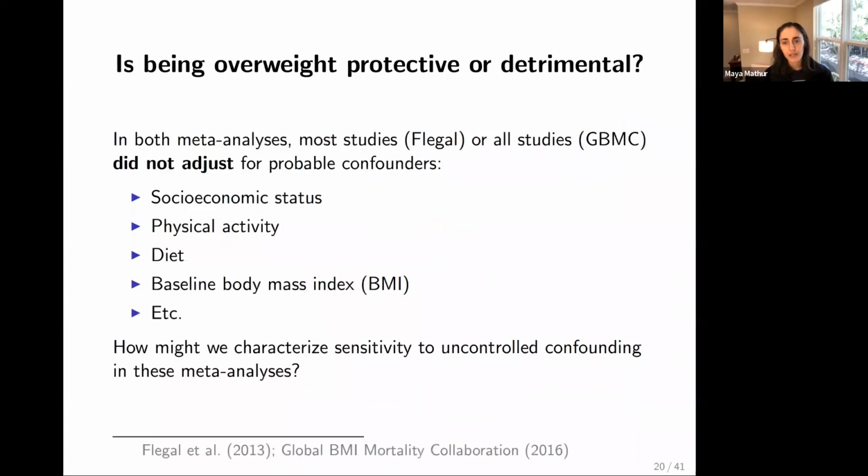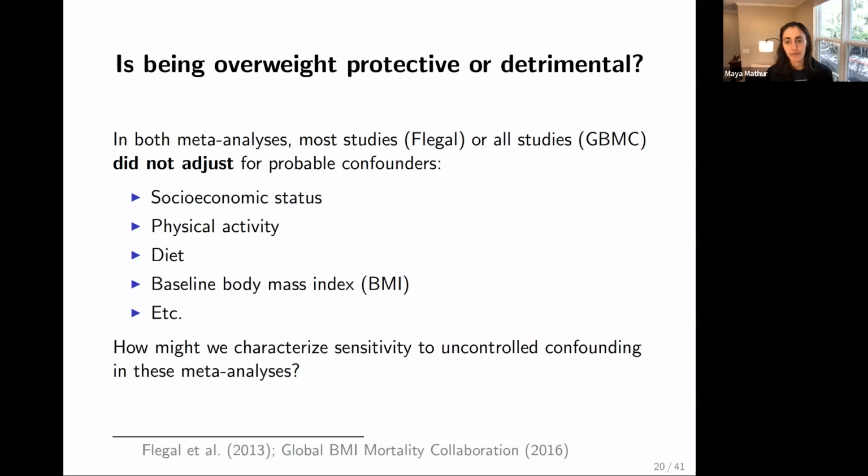But one thing that has not received that much attention in this debate is that I think both of these meta-analyses are potentially subject to quite a bit of uncontrolled confounding. Most of the studies that were analyzed, or actually all of the studies in the case of the latter meta-analysis by the Global BMI Mortality Collaboration, adjusted for some confounders, but certainly not all of the ones that seem important.